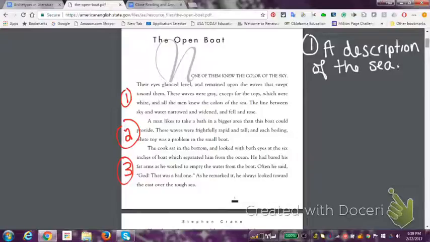Okay? Period. That's it. That's what it is. It's a description of the sea. Number 2 is going to be a description of the boat.